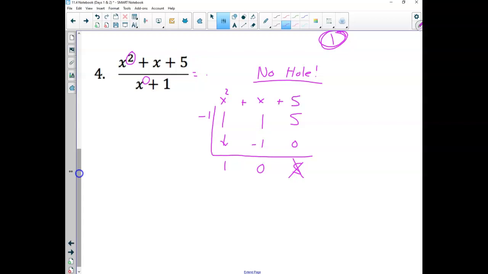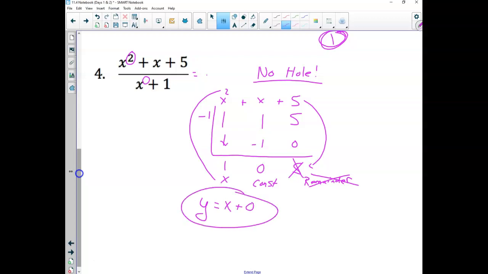And when we synthetically divide, we take it down a notch, which means this is an x, which means that x is now my constant, which means that constant is now my remainder. We ignore our remainder, and we say x plus 0, and we put a y in front of it, and that is the equation of our slant asymptote. And that's how we go with that.